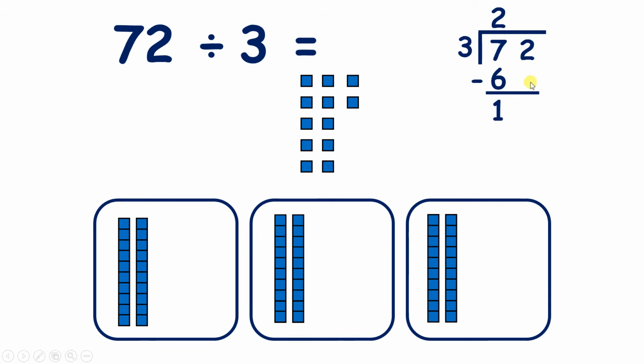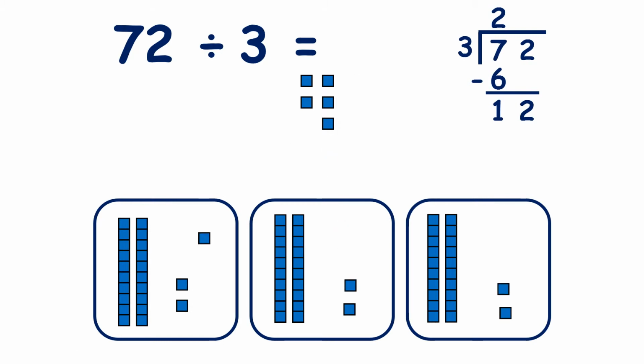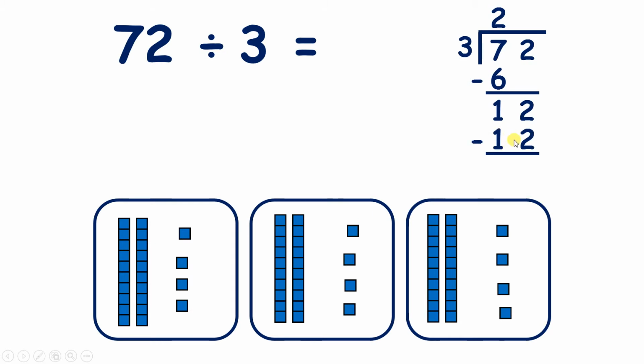So now, if we bring down our 2 units, we make the number 12, and that tells us that we now have 12 units to share out. So we can share out those 12 units and we shared out all 12 of those units, so we can write -12 to show this.